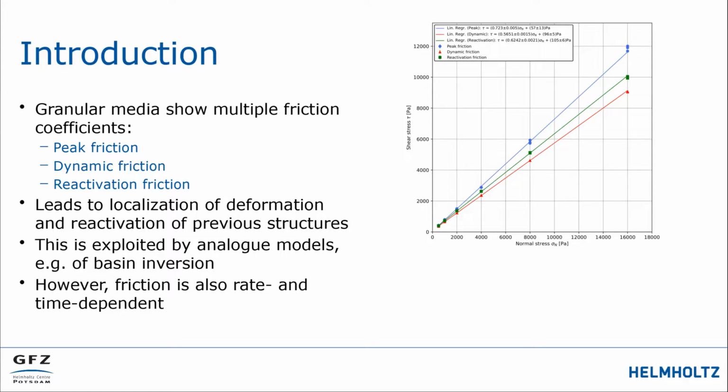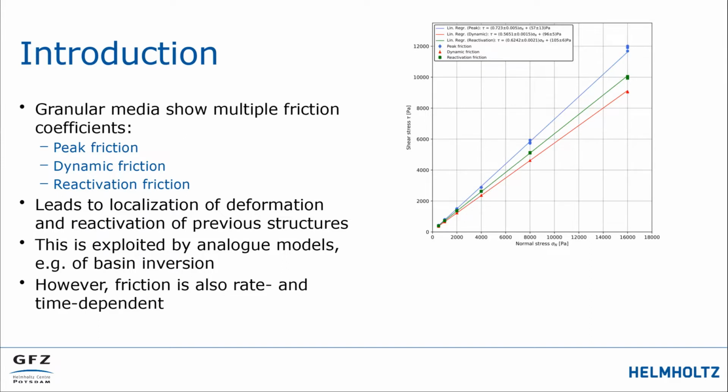And analog models such as Bayesian inversion models exploit this effect that you can reactivate a pre-existing shear zone in sand. However, on several timescales, it's also a rate and time dependent property. So it's not only these three frictional properties, but especially the dynamic friction can be very rate dependent.